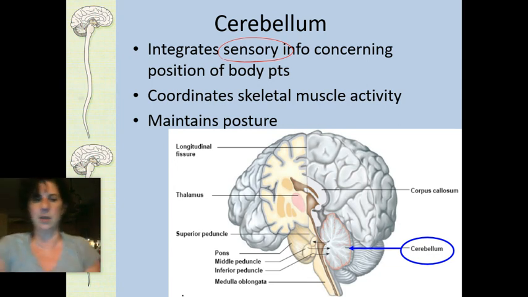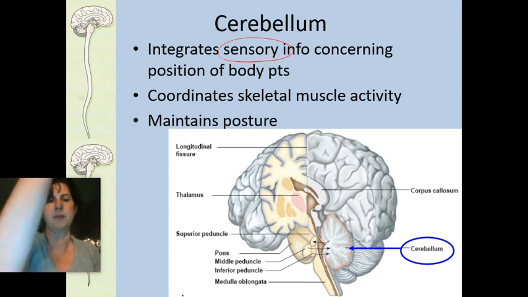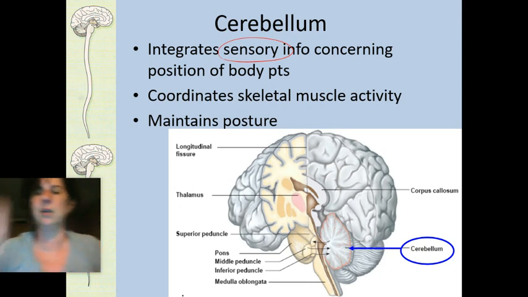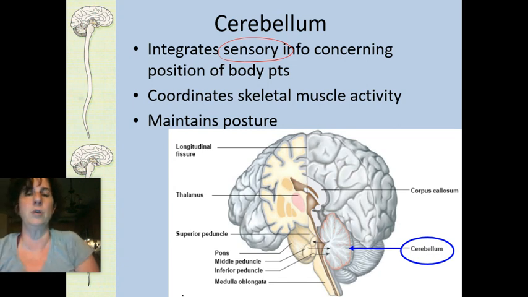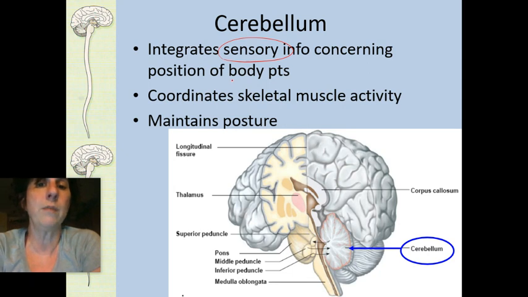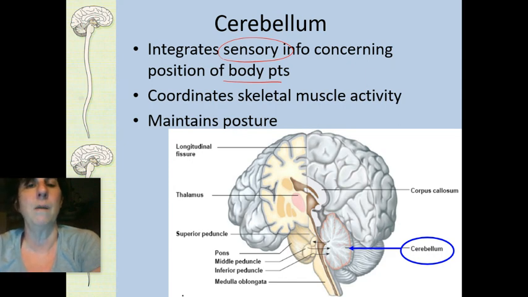So if I've got my arm in this position right here, let's do it sideways, and I want to move it to another position, you really don't consciously think about the position that your arm was in versus the position you want to move it to. But you have to constantly have an inventory of where my body parts are, and how they are in relationship to each other, so that when I move, I can make these smooth motions.